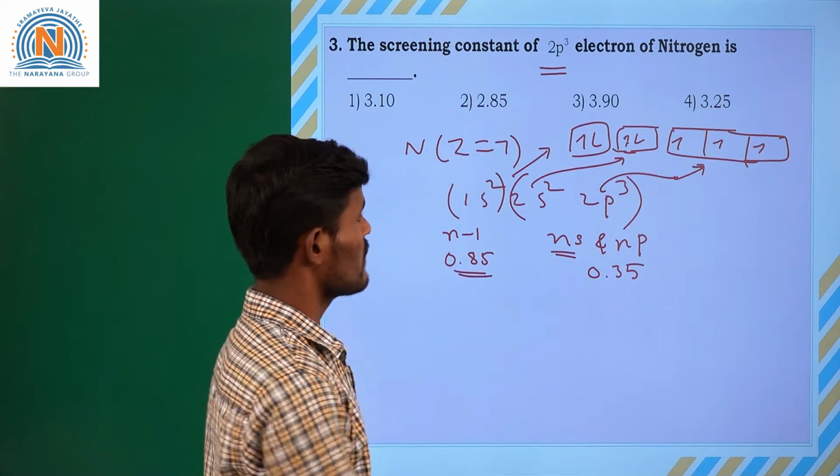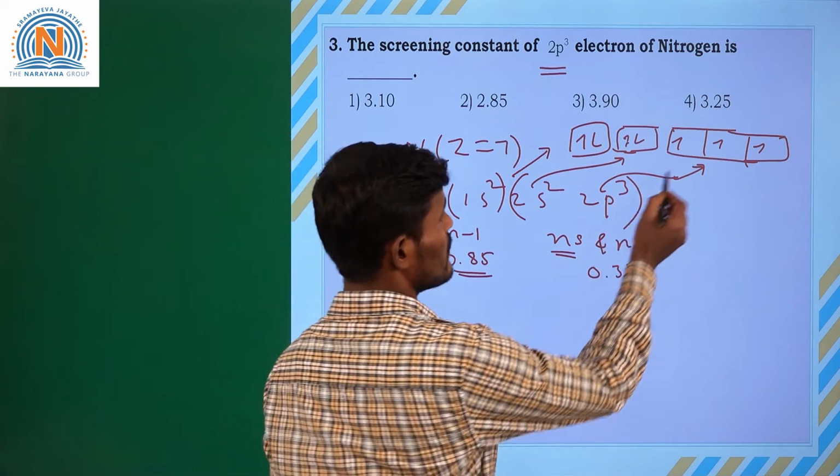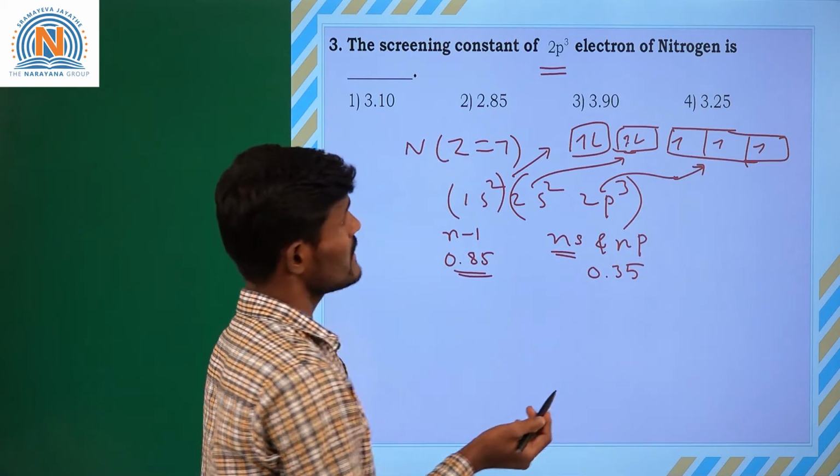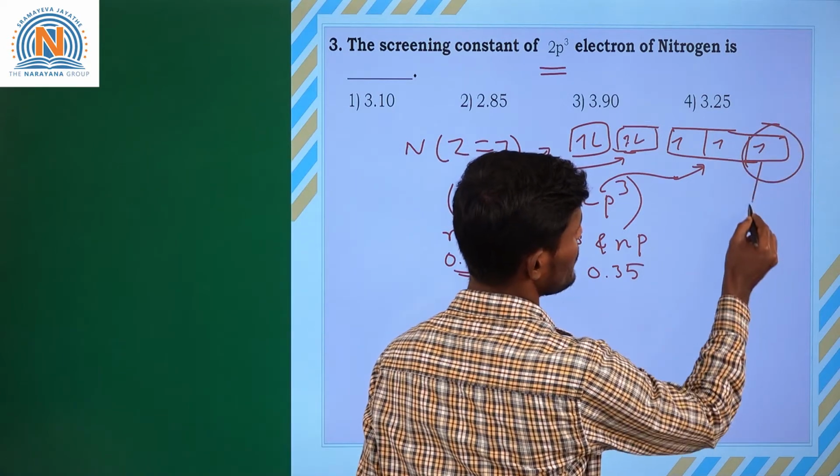It is the electronic configuration of the nitrogen atom. Here we need to calculate the screening constant of the 2p3 electron. This is the 2p3 electron.